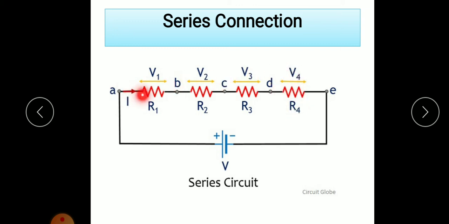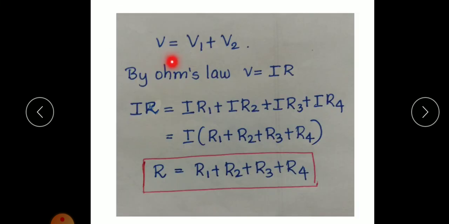That is, the potential difference between A and B is V1, between B and C is V2, between C and D is V3, and between D and E is V4. So we can say the net potential applied here is the sum of V1, V2, V3 and V4, or we can write V is equal to the sum of V1 plus V2 and so on.